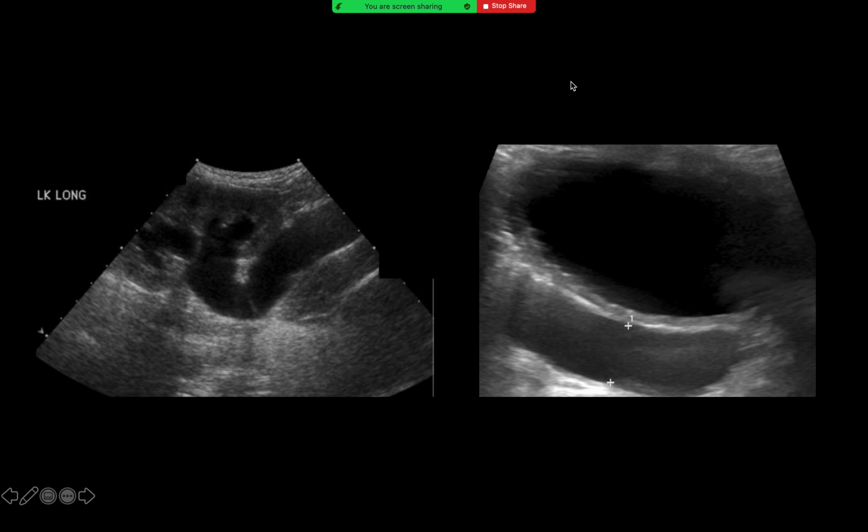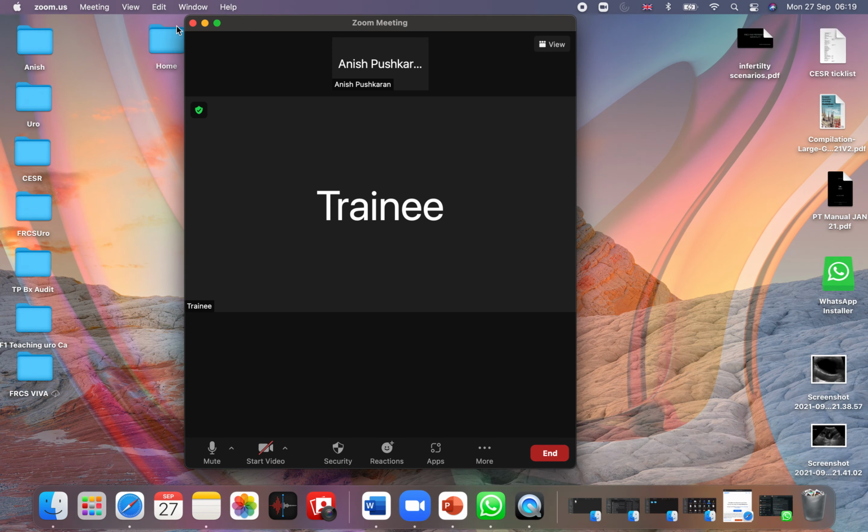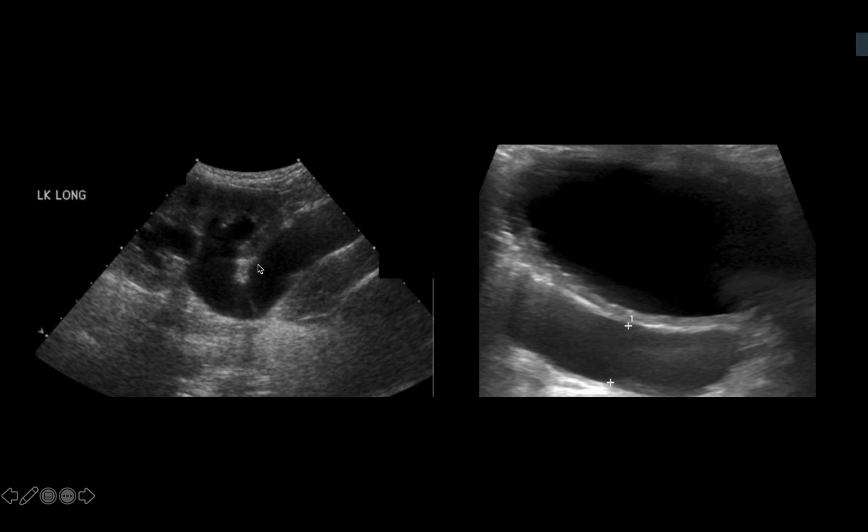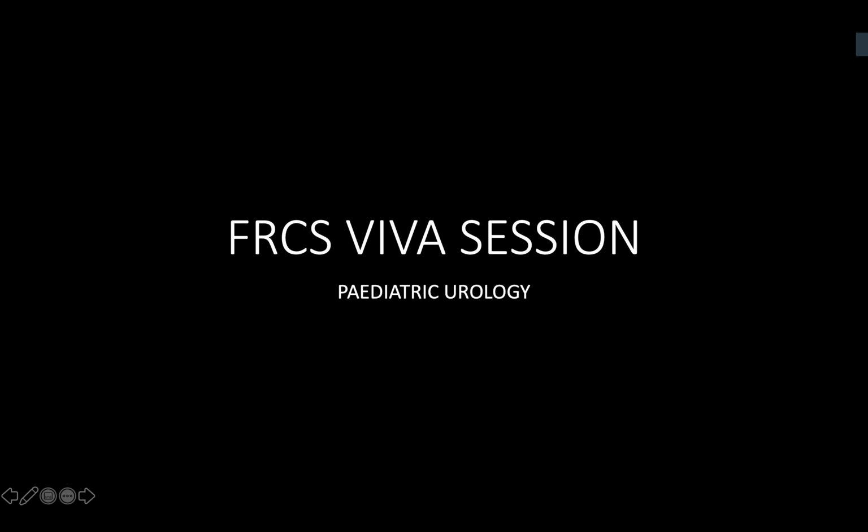So what are your thoughts now after seeing this ultrasound scan? So I'm concerned that this child has left hydronephrosis. I'll look at the images of the contralateral side to check that they are normal. I will assess this patient and get more details about the antenatal scan if available.